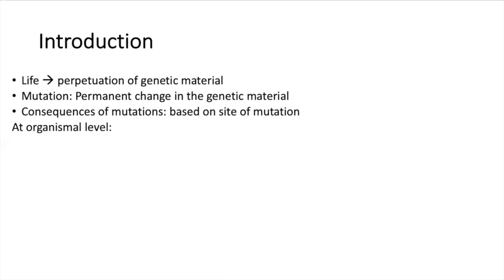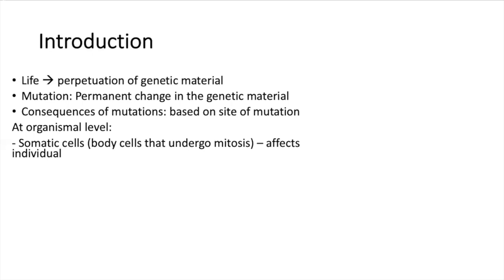At an organismal level, that is at the level of an organism, if the mutation takes place within somatic cells, which are the cells that undergo mitosis in the body, it is called a somatic cell mutation. This mutation affects only the individual carrying the mutation.